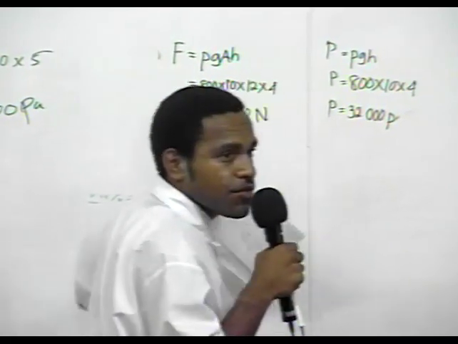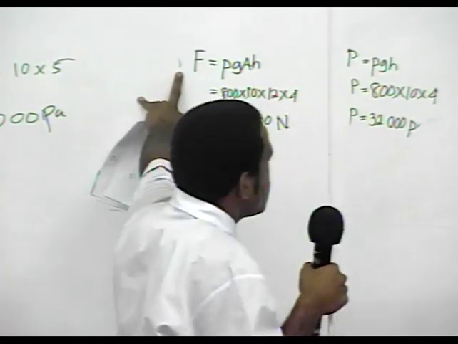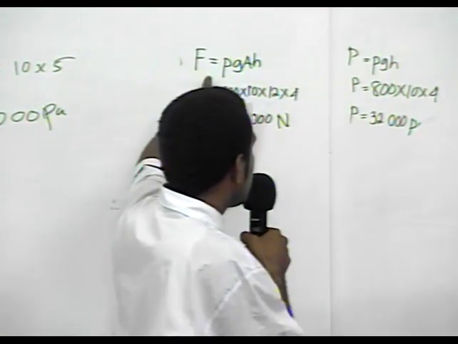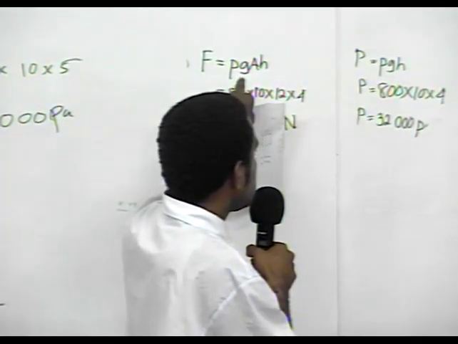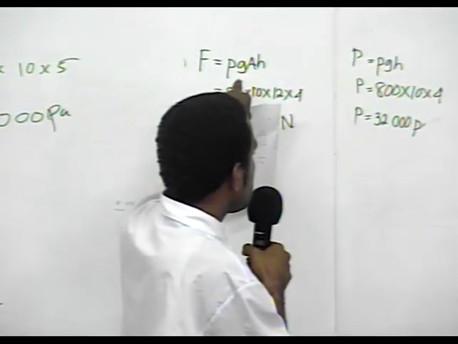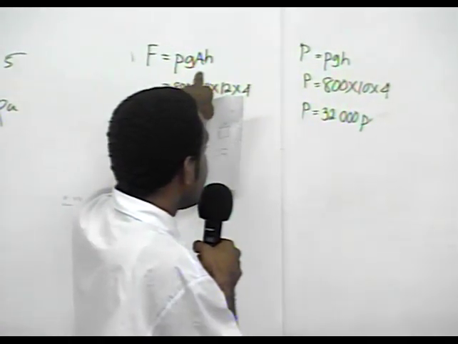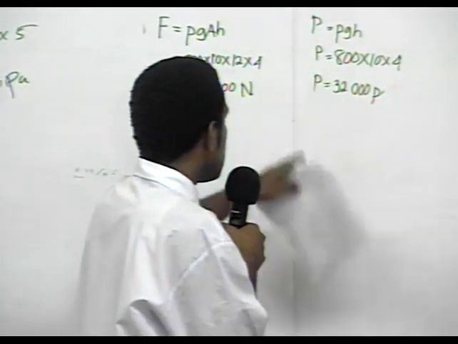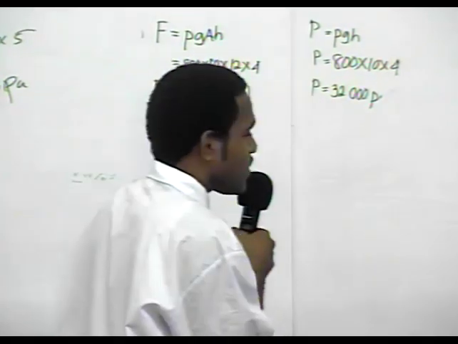You stated it doesn't correct. The force on the base, or the upthrust: if you want to get the force, multiply the density times the gravitational acceleration, and the area times the height, which is 800 times 10 times 12 times 4. That will give you 384,000 newtons. That's the force.